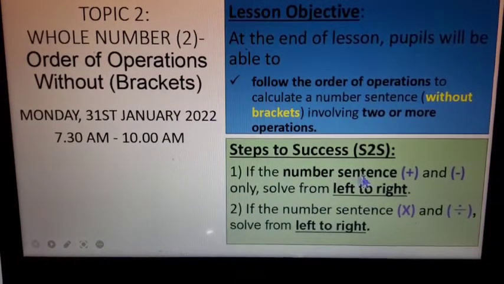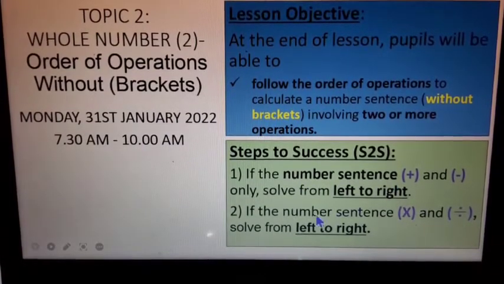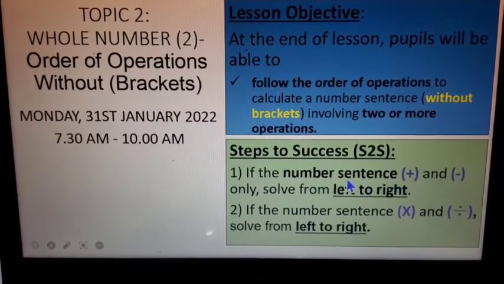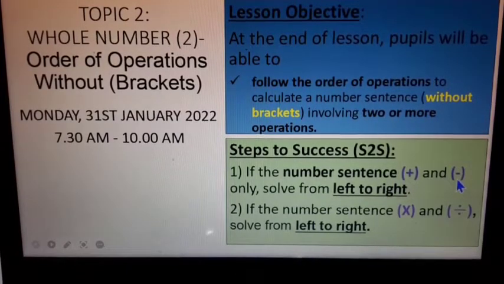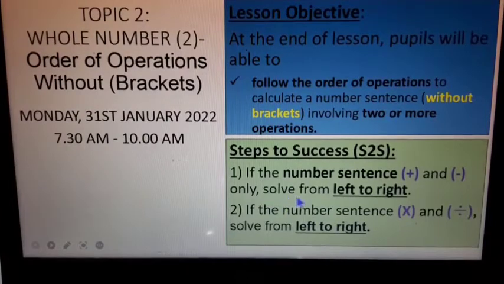Maksudnya di dalam number sentence, I'm going to show you what a number sentence is later. Kalau ada plus and minus sahaja, kita boleh selesaikan from kiri, from left to the right. Dari kiri kita ke kanan.